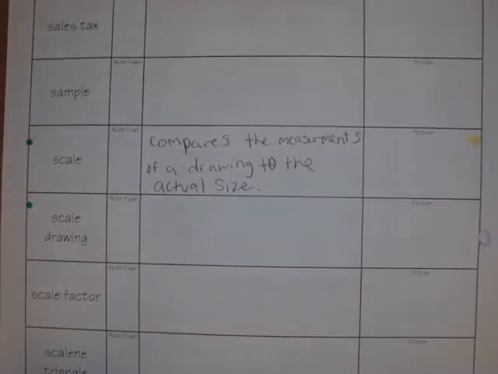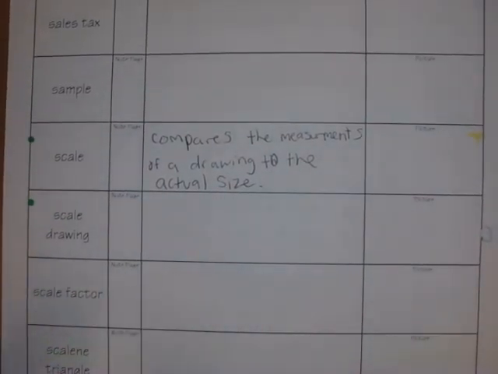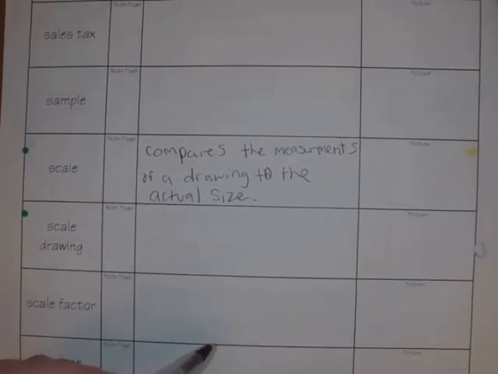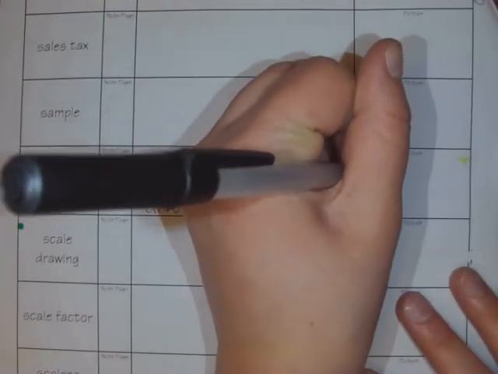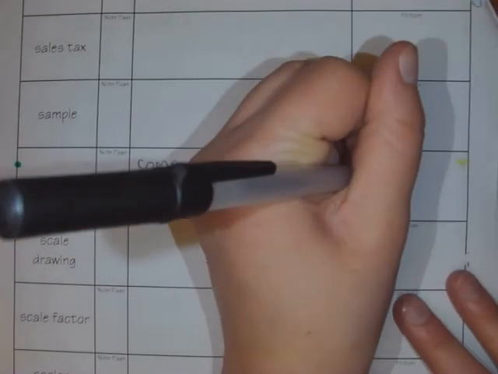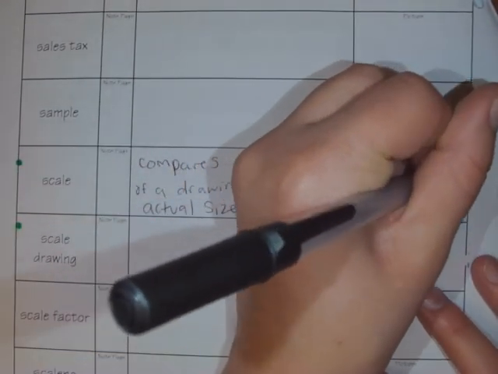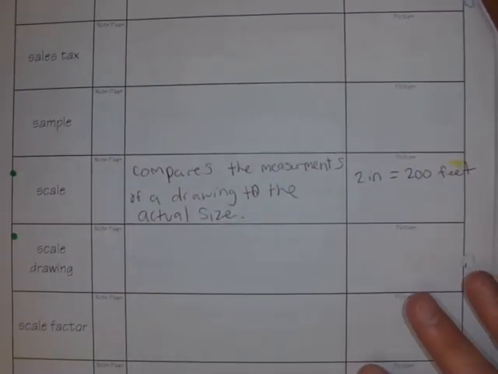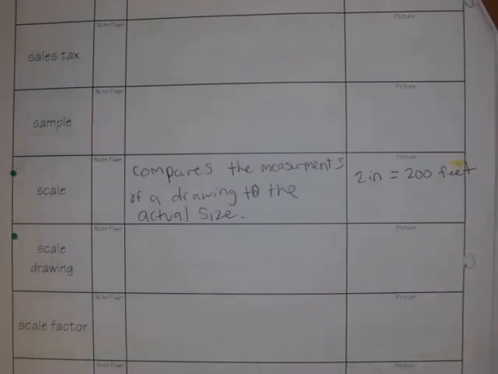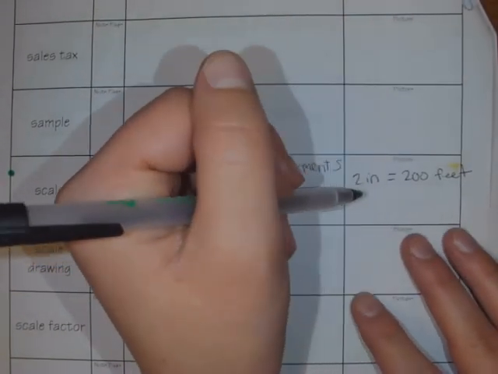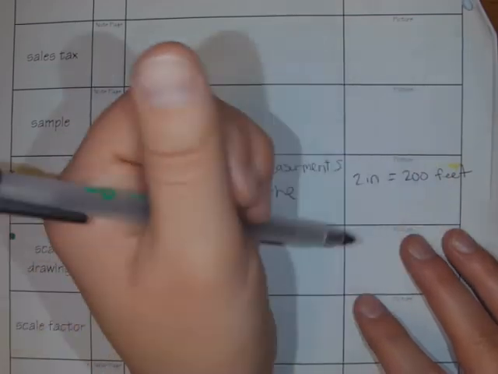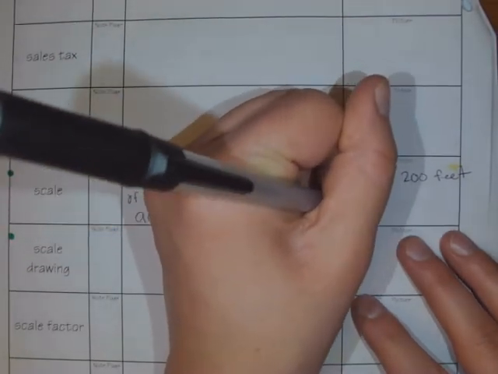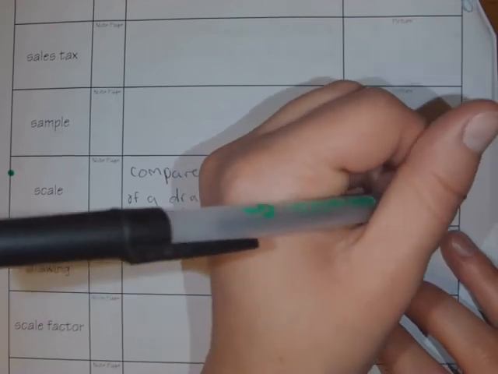You see scales all the time, especially in construction, where they'll show you the picture and then give you the scale, which is the comparison to the actual size. And so, for example, 2 inches on the picture could represent 200 feet. So I might draw a picture of a line and say, this represents a wall. And while the line is only 2 inches, it represents 200 feet, so 1 inch would represent 100 feet. One way you see this all the time is on a map.